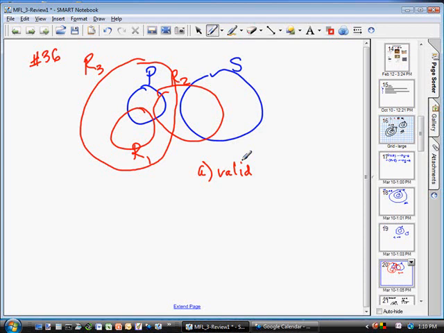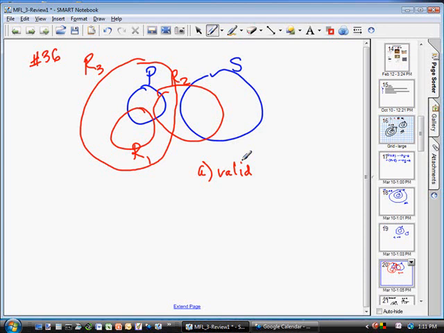Let's also go through our rules real quick. Only true when they're different.